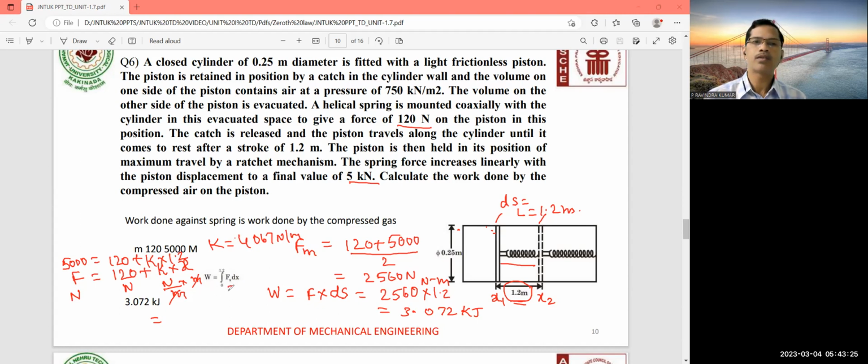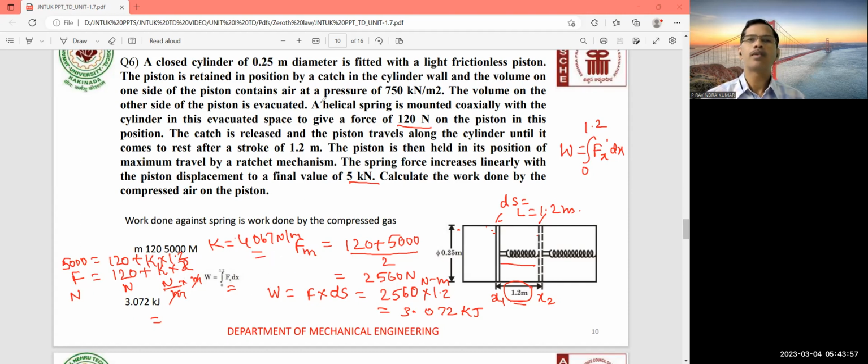That is the Fx dx. We all know that work is equal to the integral, with the lower limit 0 and the upper limit the displacement 1.2, of Fx dx. So from this position to this position, 1.2. That Fx is equal to 120 plus k, which is 4067, into 1.2.